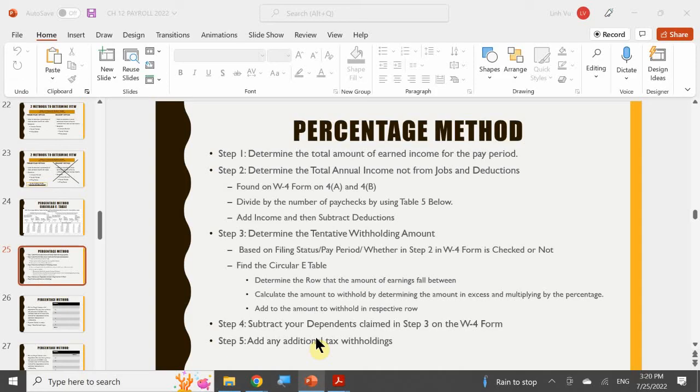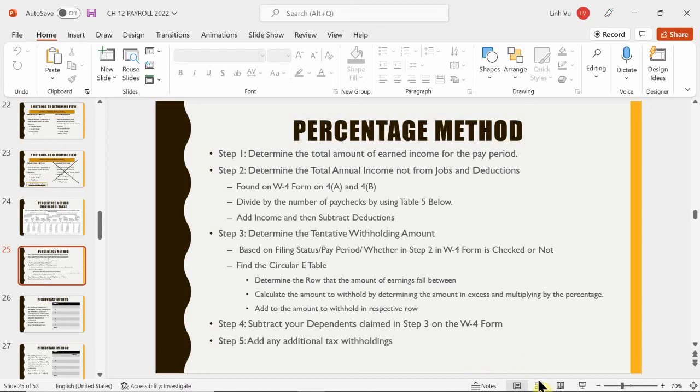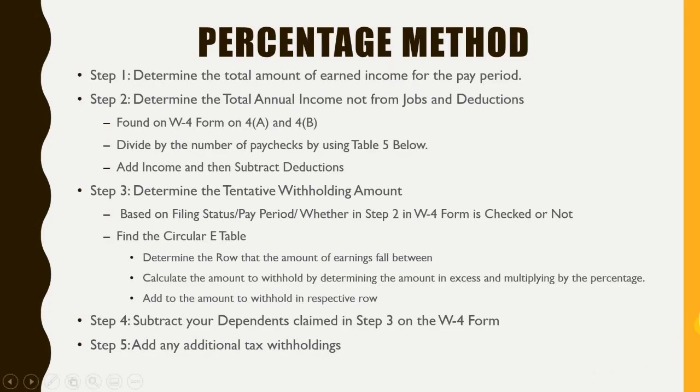So how do I actually go ahead and use the Circular E table to calculate the federal income tax withholdings? Well, we've got to go through the steps again, right? On the tax tables, it gives you step-by-step directions on how to solve for each of the following. Number one, we have to determine how much gross earnings an individual has earned.